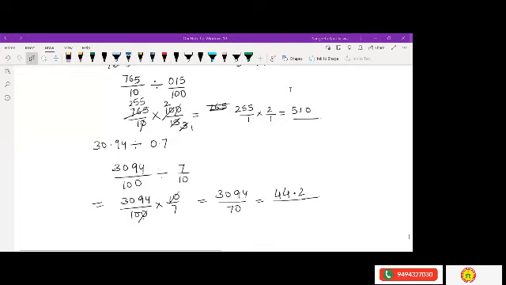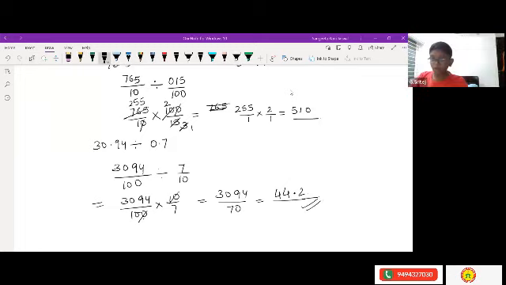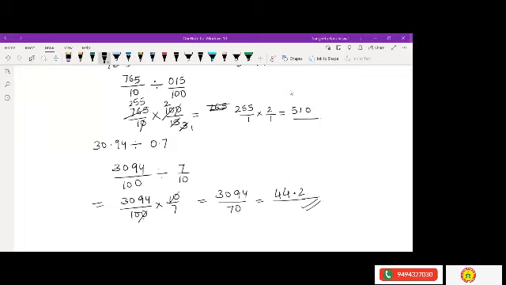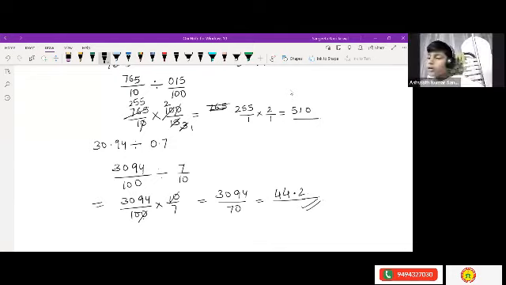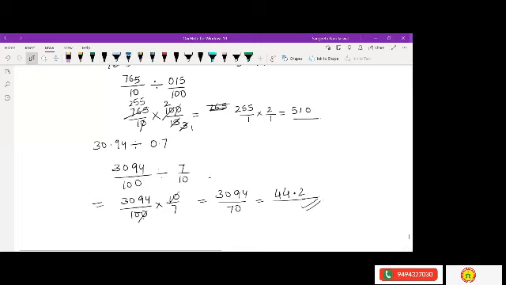Whoever is getting a different answer, because maximum of you are getting 44.2, no? I also got 44 point something. Okay. So is it clear now, Ashwath? Yes, ma'am. Is this concept clear to everyone? Dividing a decimal with a decimal number? The thing is that first you convert it to a fraction form and then you divide as you normally do for fractions.